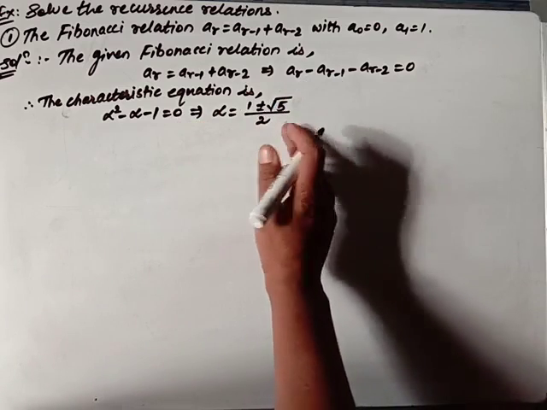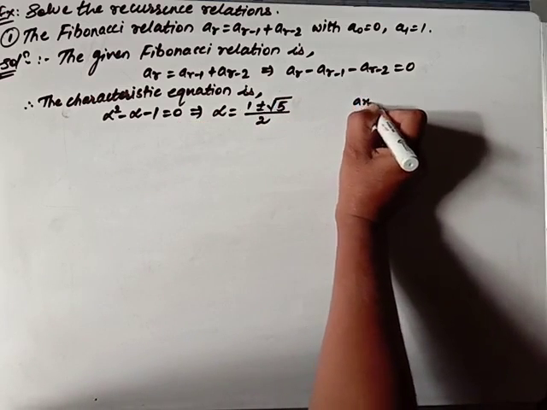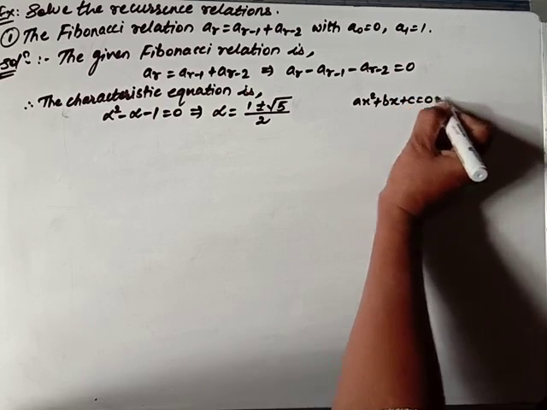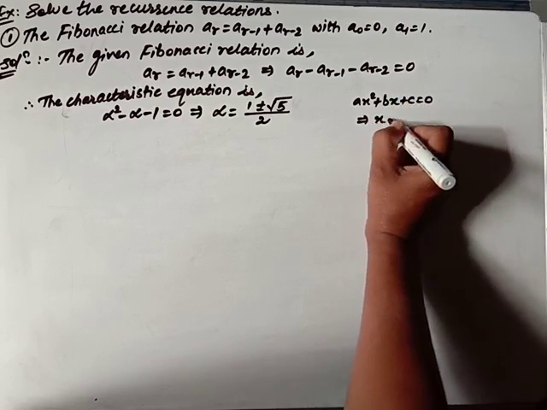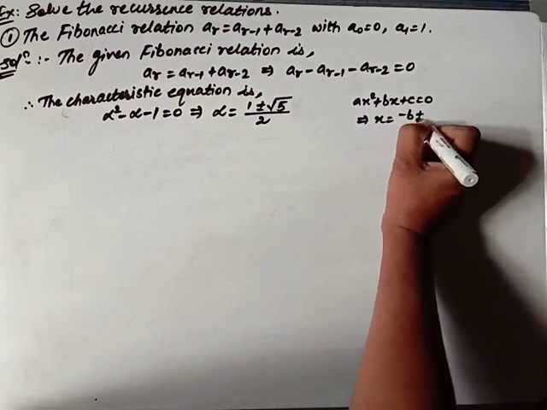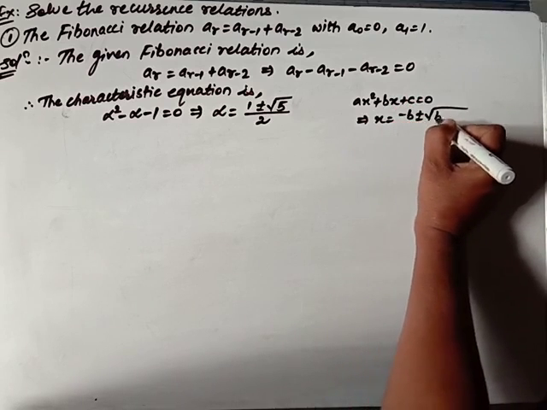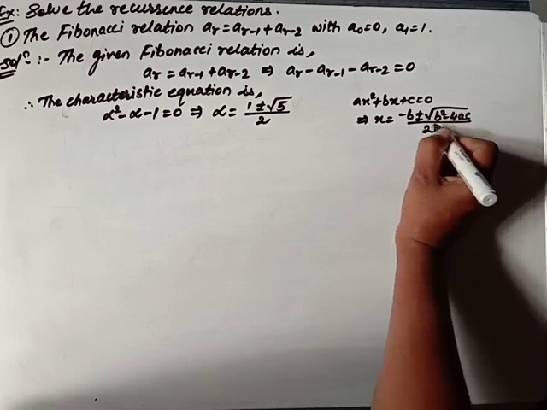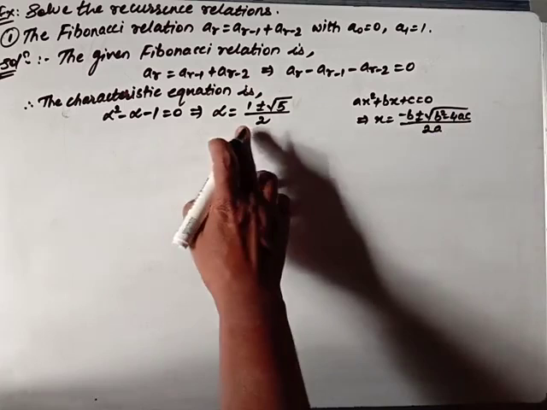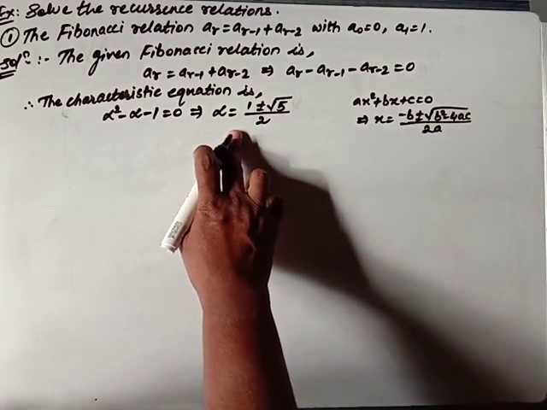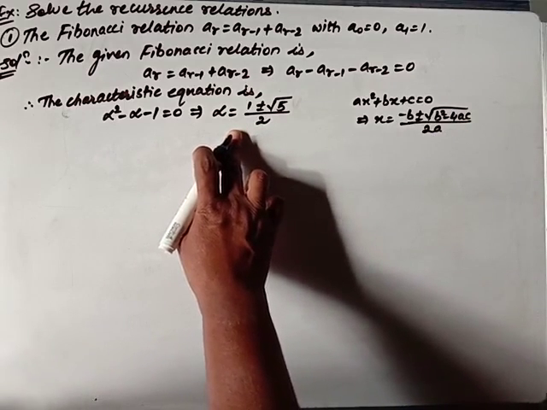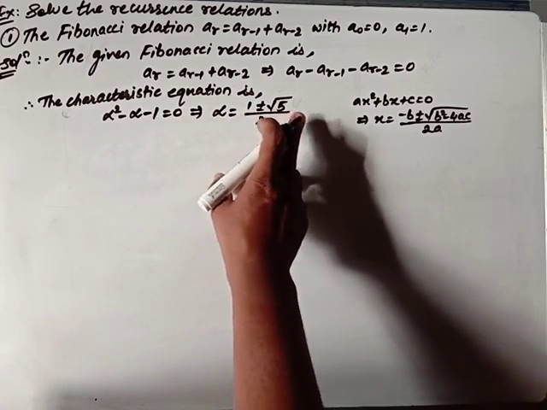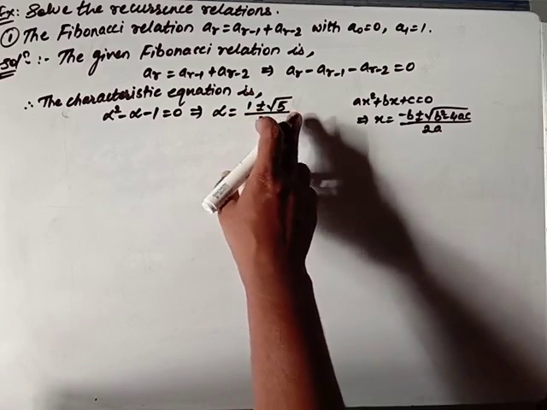You can use the quadratic formula here. You know that ax square plus bx plus c is equal to 0 gives x is equal to minus b plus minus under root b square minus 4ac upon 2a. This is the quadratic formula. Using that I have written this. Now here alpha will be 1 plus root 5 by 2 and 1 minus root 5 by 2.